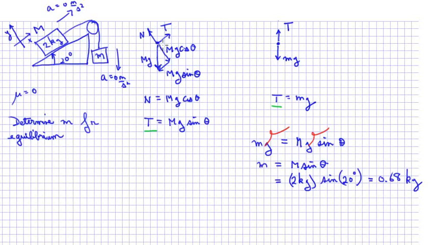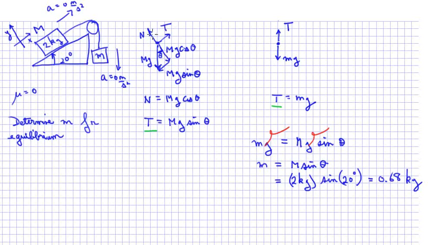And so I am going to take this Mg, downward Mg, which is the weight, and I'm going to break it up into Mg cosine theta. This angle right here is theta. And Mg sine theta.